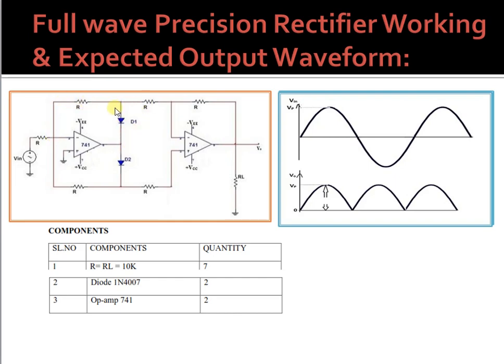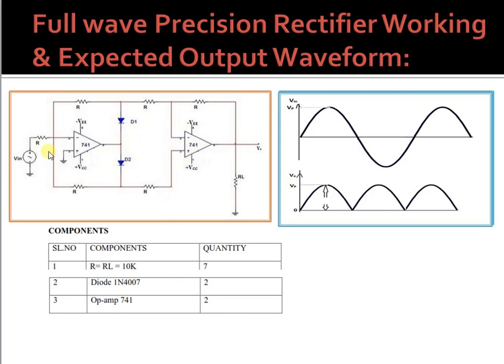So basically this is acting like a voltage follower. Whatever input you have given, the same thing will be fed back, and the same input is applied to the non-inverting input terminal. So whatever positive half cycle you apply at the input will appear at the non-inverting input terminal of the second op-amp.